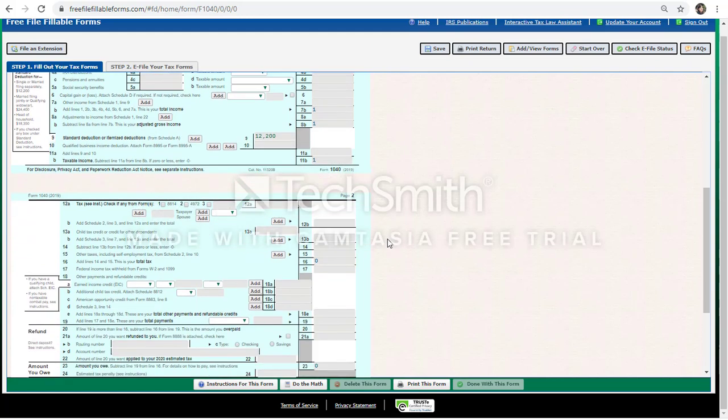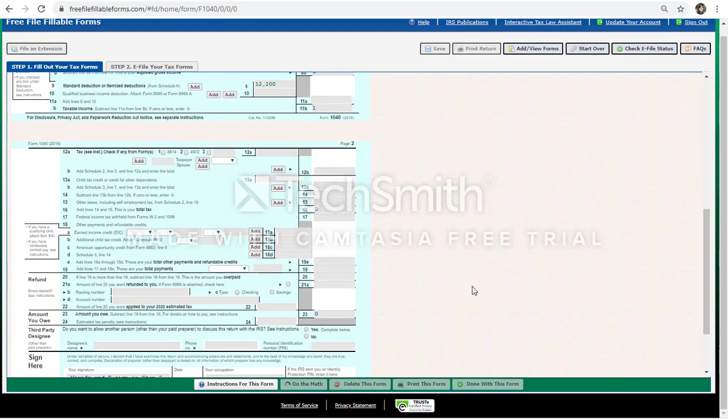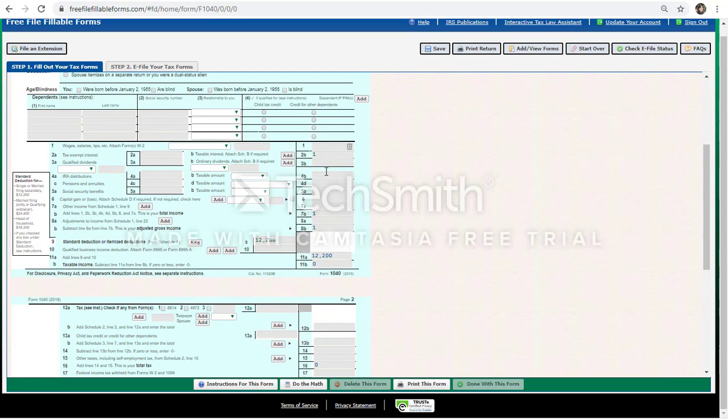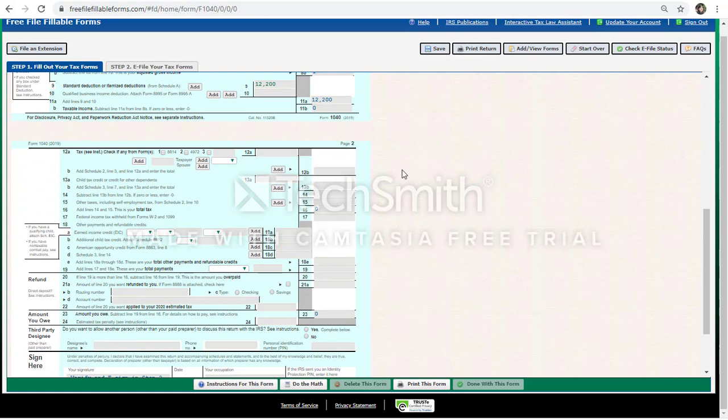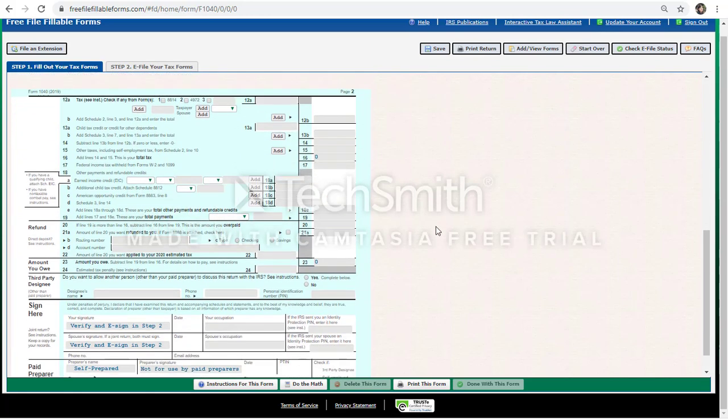And then you can click do the math. It's going to see if you have a tax liability, which if you have $1 of interest or $5 of wages or something like that, any income under $12,200, it's going to be zero.